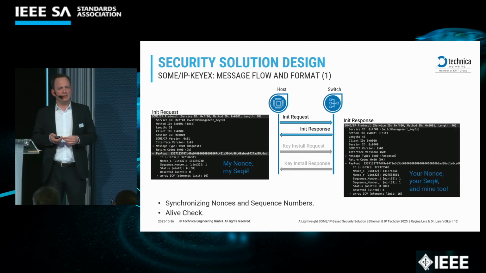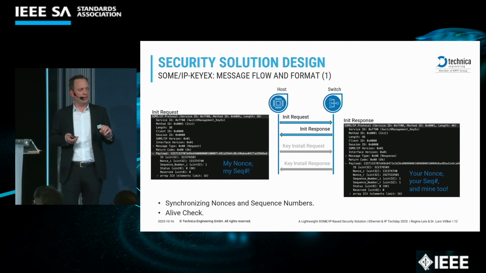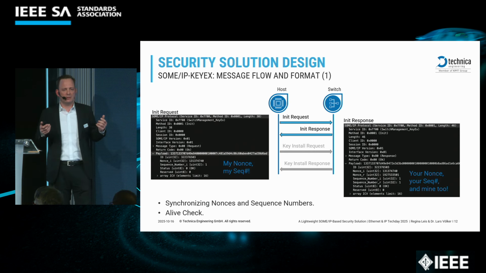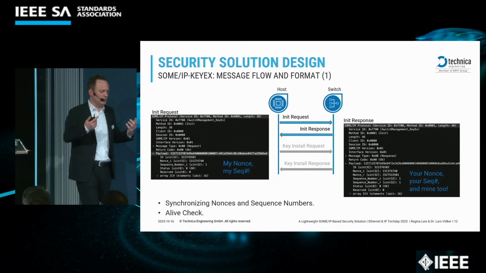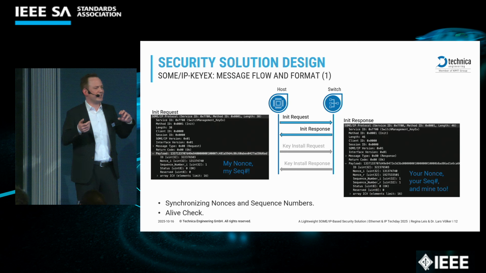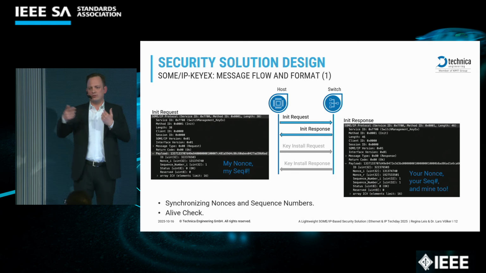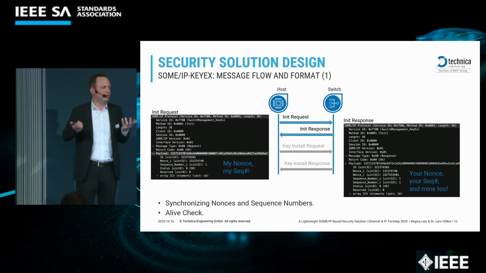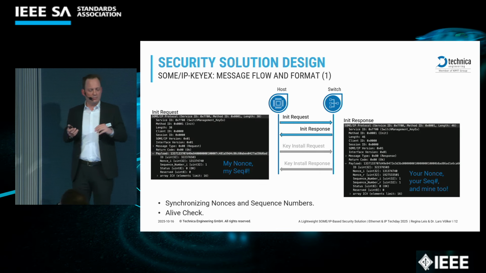And at the end, you see this integrity check value. That is the cryptographic part that makes sure that nothing in the message was changed, and that the message is tied to that key. And since it's only two parties with the same key, I know if I didn't send it, the other side sent it, and I'm receiving it. So everything is fine. We have the first message.